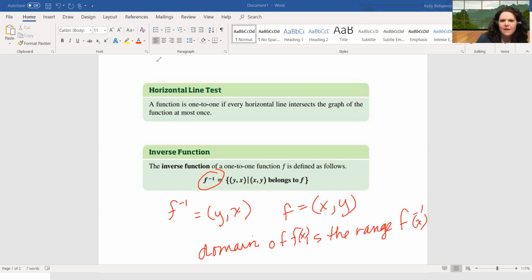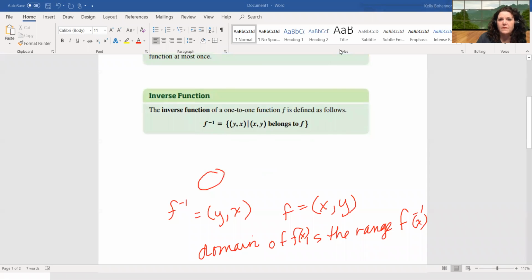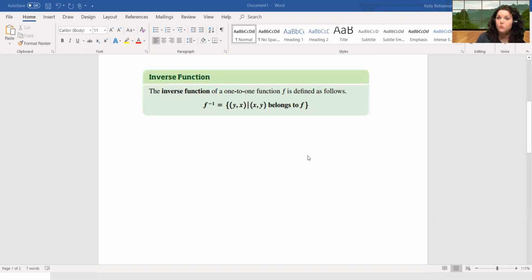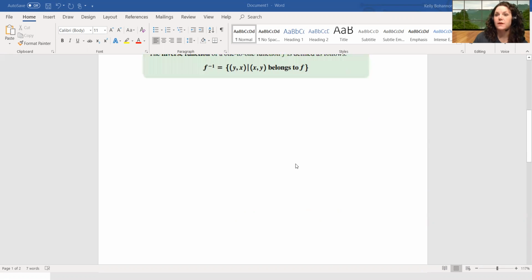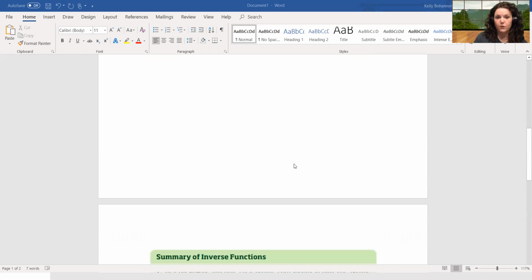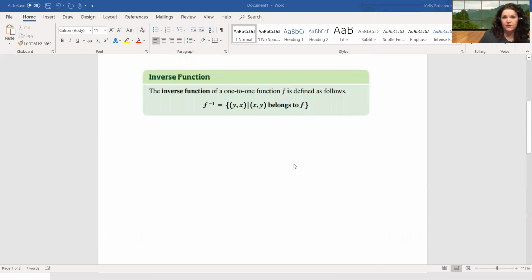One of the things that happens in trig that causes a little bit of confusion and problems for people is the fact that we use reciprocals often, and we also use inverses. So I want to make sure that you understand that we're talking about inverses where you switch x and y.